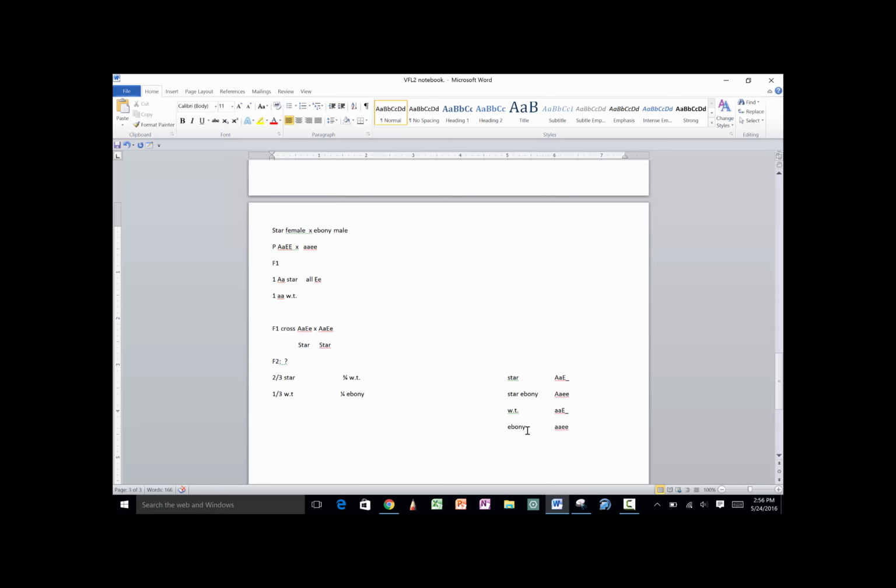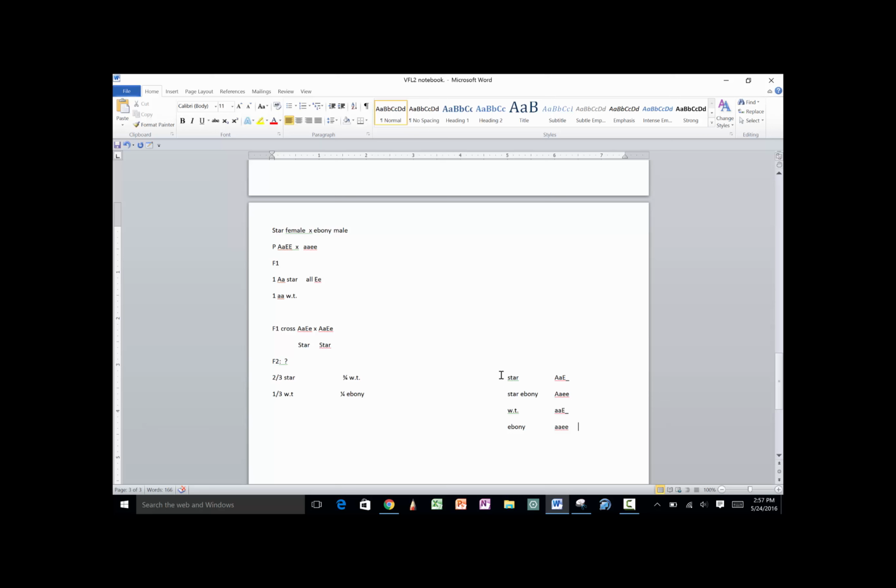We're saying that the inheritance of one gene doesn't affect the inheritance of the other gene. It also depends on the fact that star isn't influencing ebony and ebony isn't influencing star at the molecular level. That's called epistasis or gene interaction, and sometimes even if you have independent assortment, you get messed up ratios. But we'll come to that later.